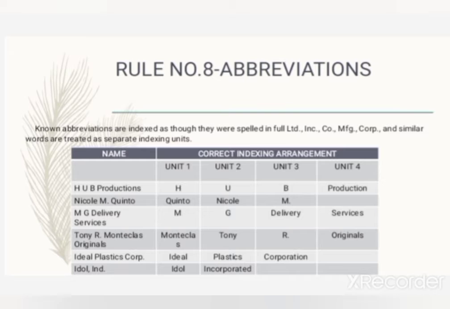So for example, Ideal Plastics Corp. Corp. means Corporation. The correct indexing arrangement is that you should write the full word, not the abbreviation only. So it should be Ideal Plastics Corporation.